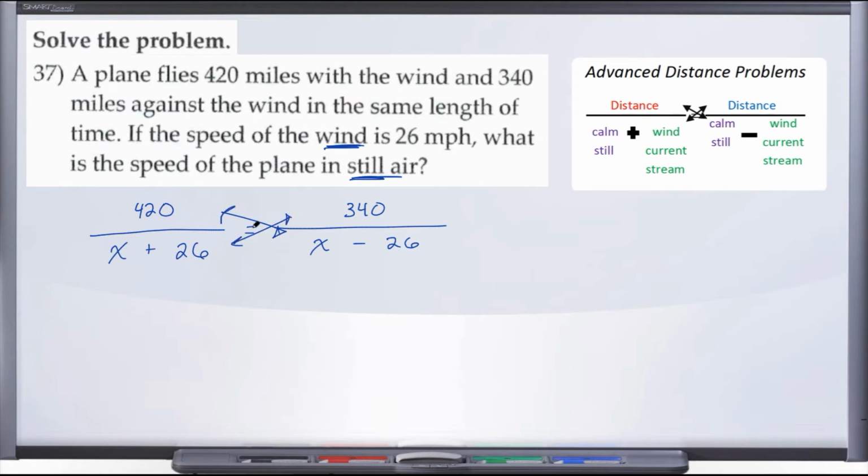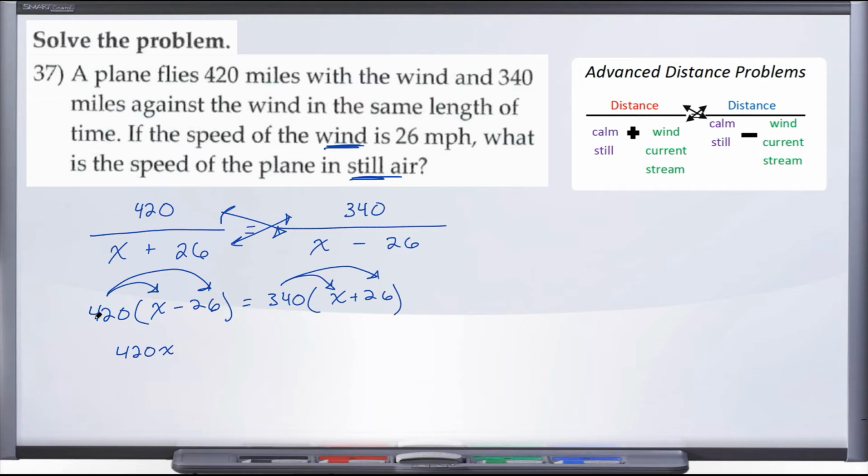We have one fraction equaling another fraction, a proportion, so we cross multiply. So we get 420 times the quantity x minus 26 equals 340 times the quantity x plus 26. We'll go ahead and distribute on both sides of the equal sign here. So 420 times x, 420x. 420 times negative 26 is going to give us 10,920.